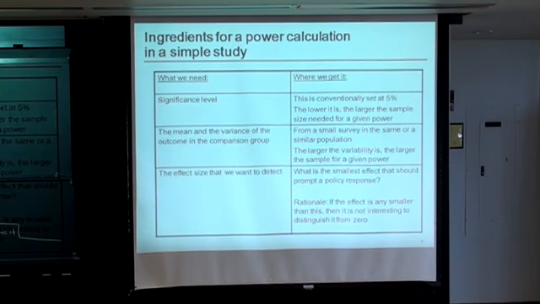Different populations are going to be very different in terms of their mean and variance, and to get an estimate of this, you need a much, much smaller sample size than you need to get an estimate of the overall treatment effect of the program. So you can often do a small survey, much smaller than your big survey, just to get a sense of what these things look like. And that can often be a very worthwhile thing to do.